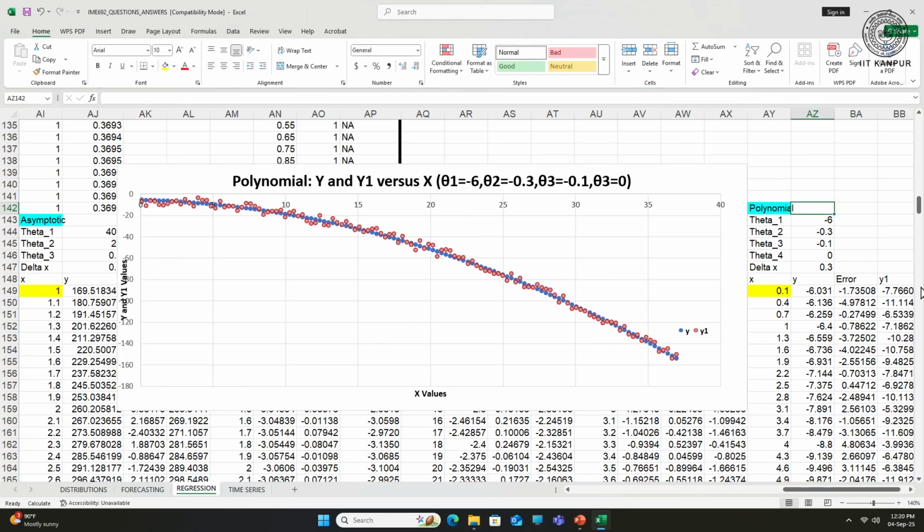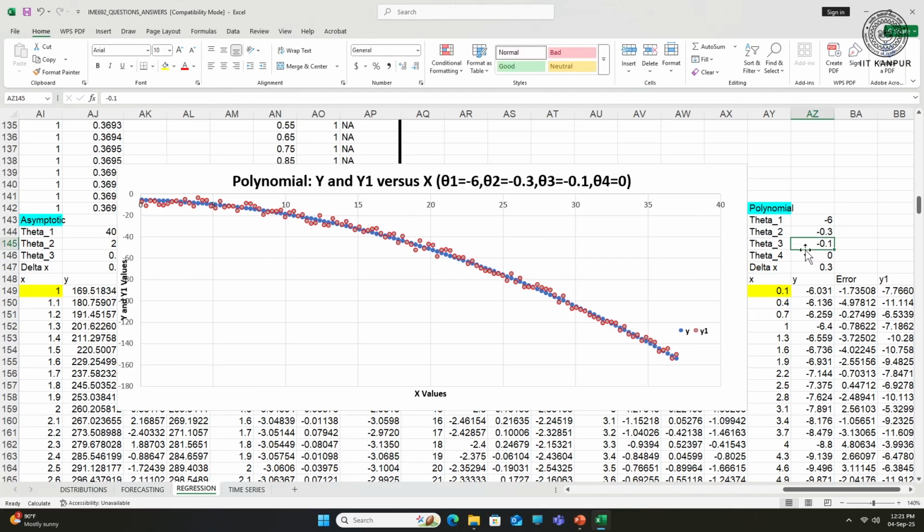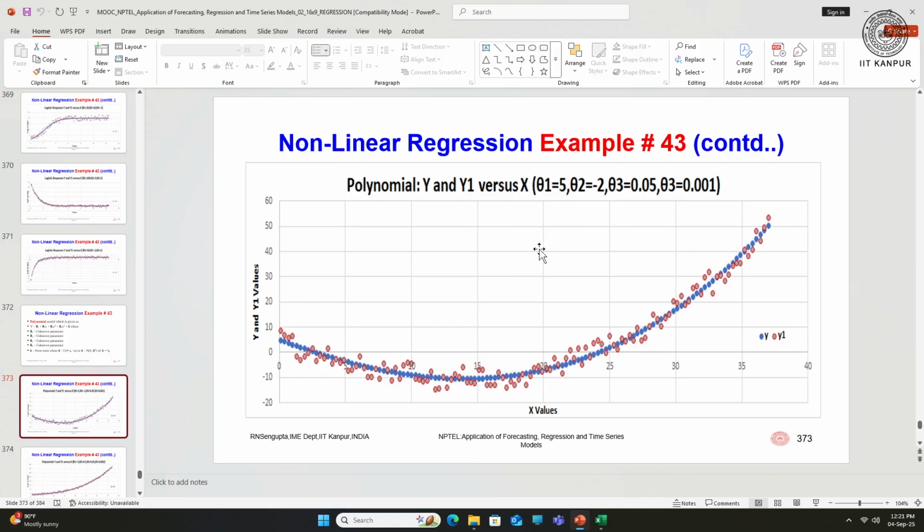So, the polynomial equation for the first case: theta 1 is minus 6, theta 2 is minus 0.3, theta 3 is minus 0.1, and theta 4 is 0. My apologies, this should be theta 4 also.